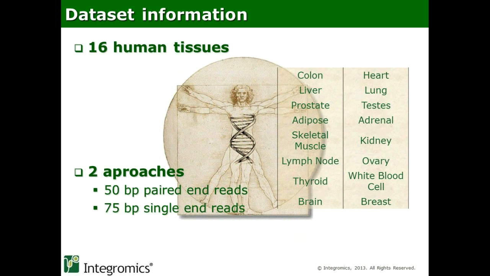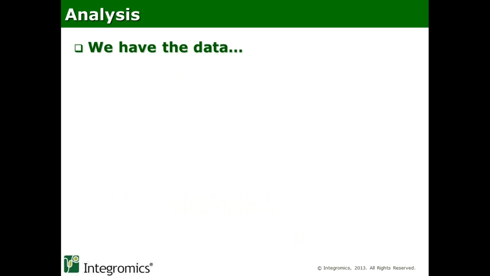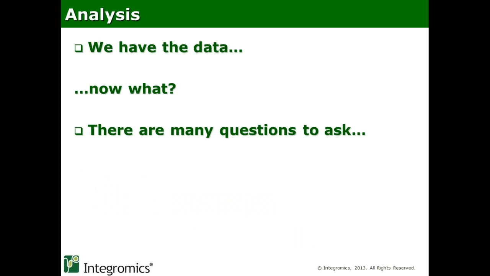So there's two different read lengths that have been used. So now that we have the data, we just load it into the OmicsOffice suite, and we can start asking questions.